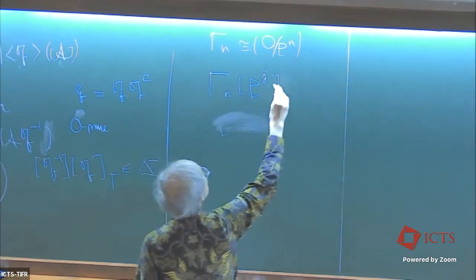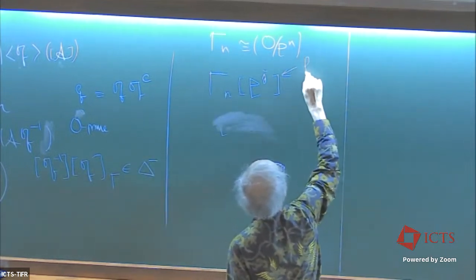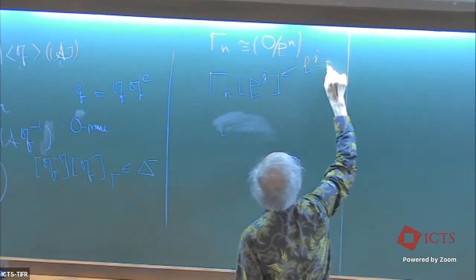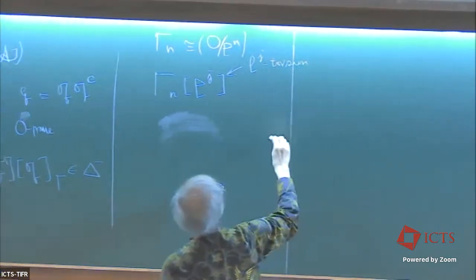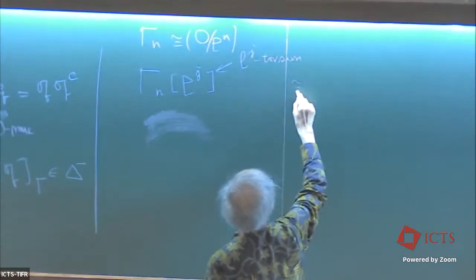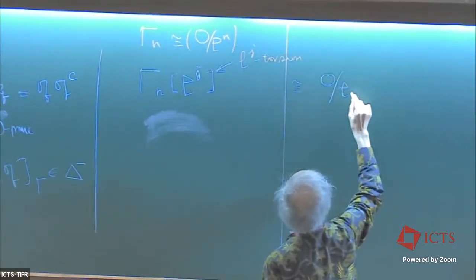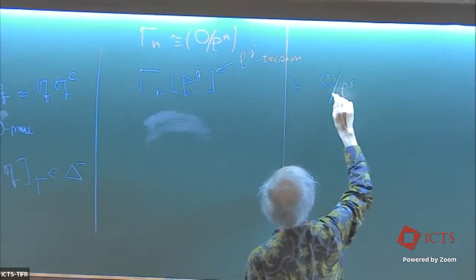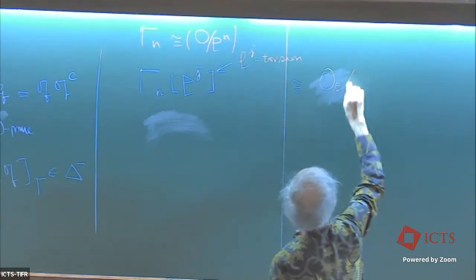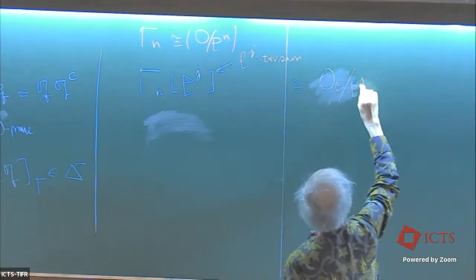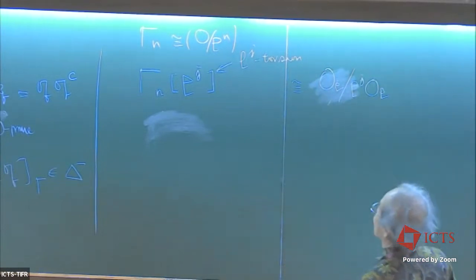So this bracket means L to the j. Then this is isomorphic to O over L to the j, but I just like to make it local. So O_L completed, L to the j or something like that.